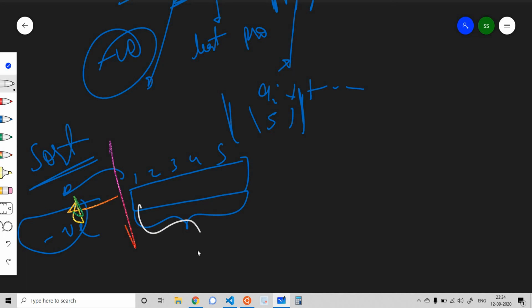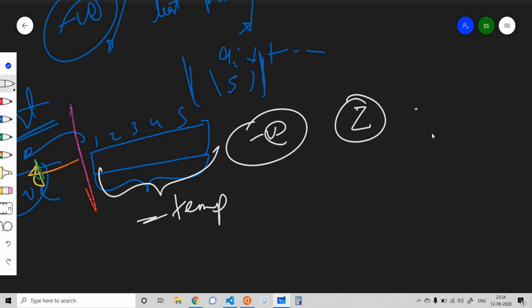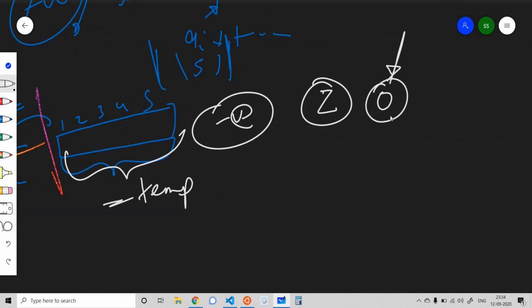Then I'll simply multiply these; let's say the product is called temp. Then I'll check one other thing. If along with my negative values I also have at least one zero in my array, then I can simply use 0 as my answer, as this temp would be less than 0 because I am using 5 negative values to find the product.